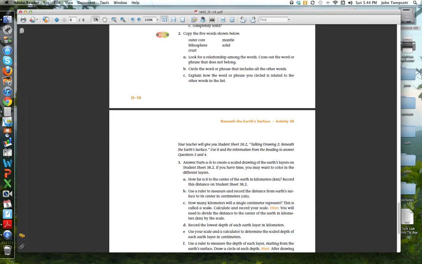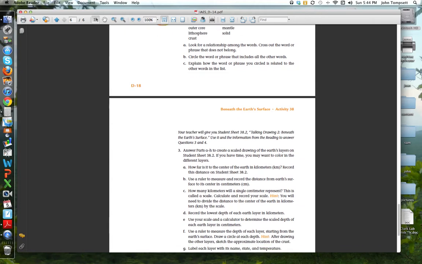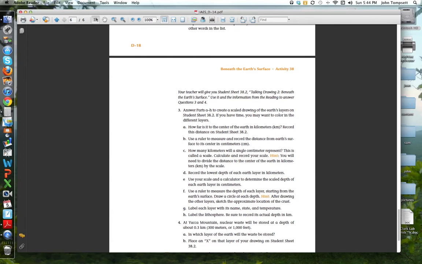If you have time, you may want to color it in different layers. A through H are all asking you to do a different step. Read them carefully. Make sure that you follow each of those steps to the best of your ability.